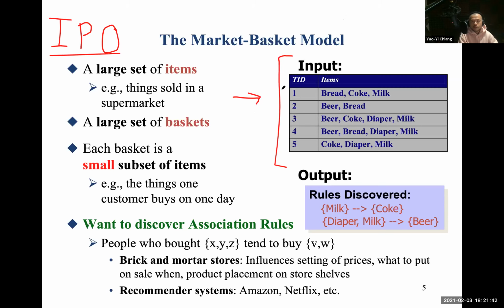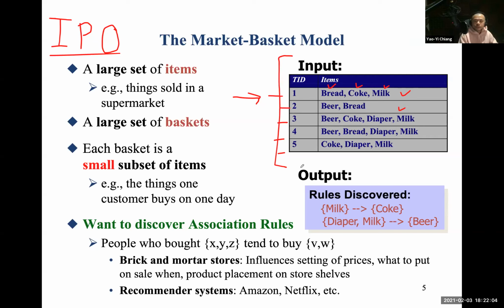If you look at the input, each row here is a transaction. That means a customer made a transaction, and in this transaction, this customer purchased bread, Coke, and milk. And this is the next transaction. It doesn't have to be the same customer, and you don't have a timestamp.